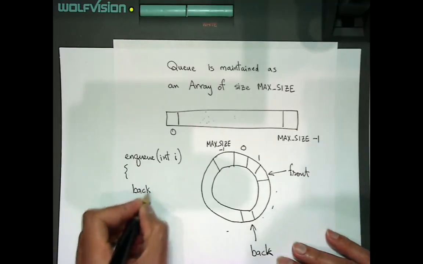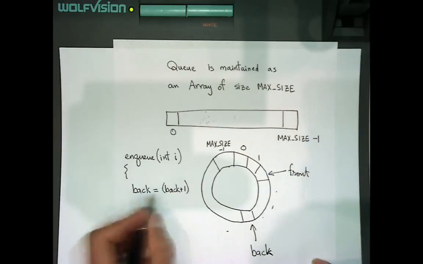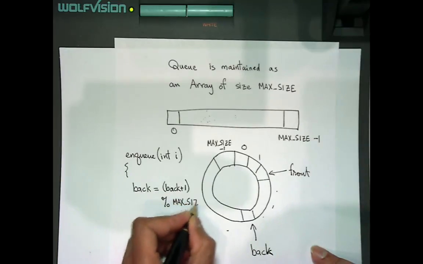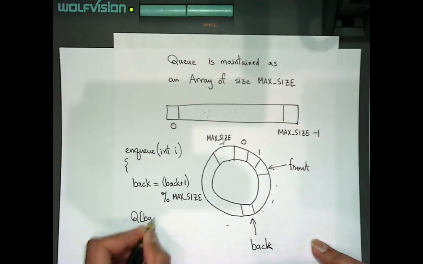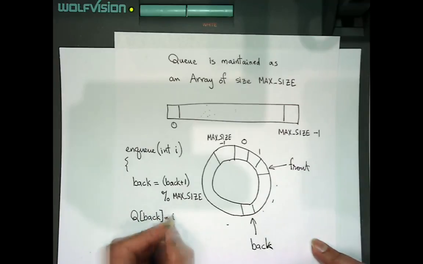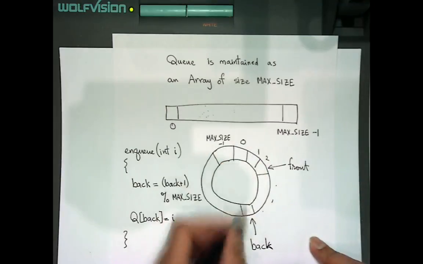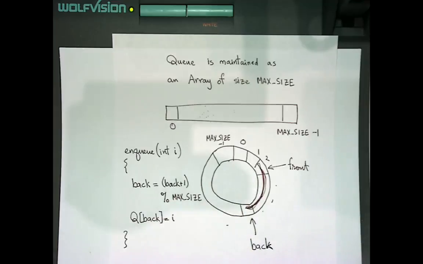So you say back is equal to back plus 1 percentage max size, and Q of back is equal to I. So note that if your Q has stuff over here, back actually points to, or is the index of, the last element or the most recent element that you added.